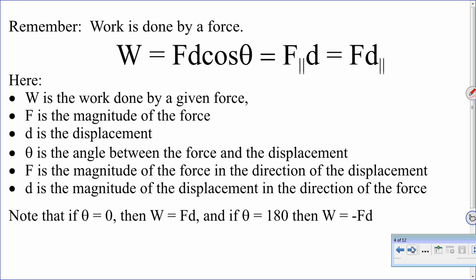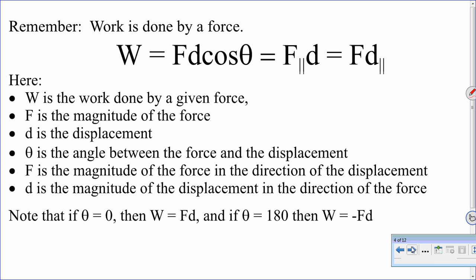So anyway, here are explanations of what all the things are. W here is the work done by a given force. F is how big the force is. D is the displacement, how far the object moves. Theta is the angle between those two vectors. Shoot.